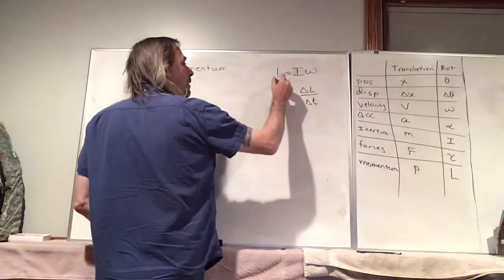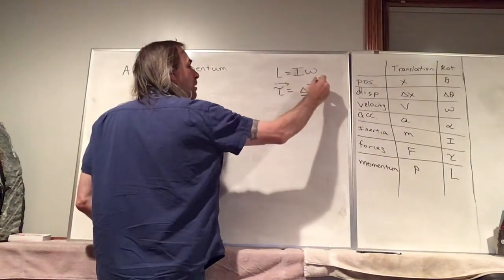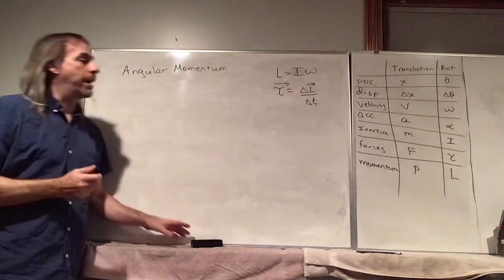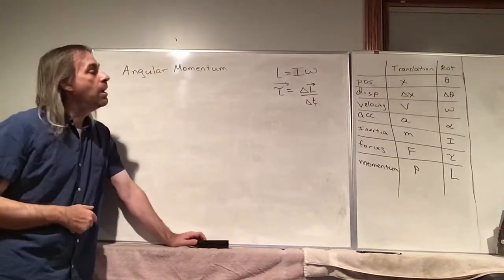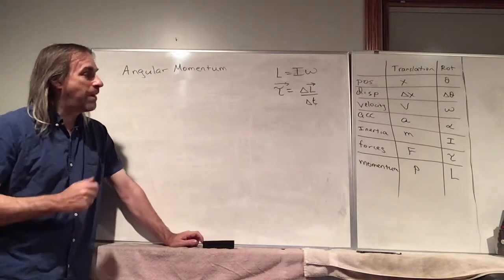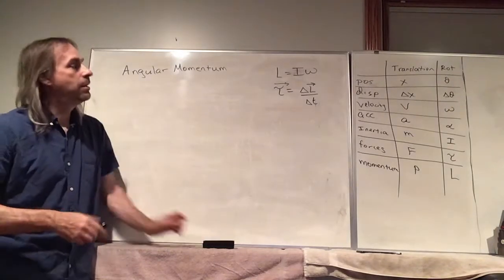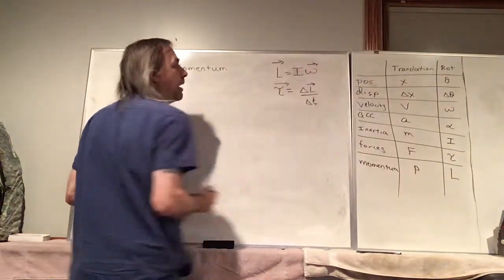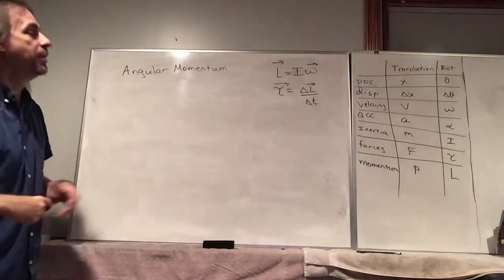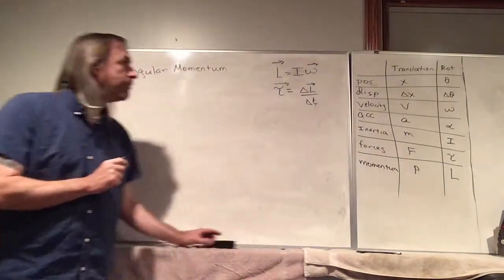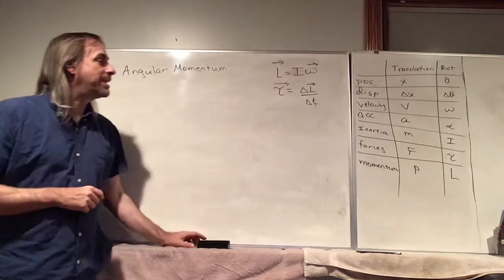And I'm going to write it this way because angular momentum is a vector and it does have a direction. Now, the direction is the same, so we can write that as a vector equation as well. Remember, angular velocity has a direction given by the right-hand rule.